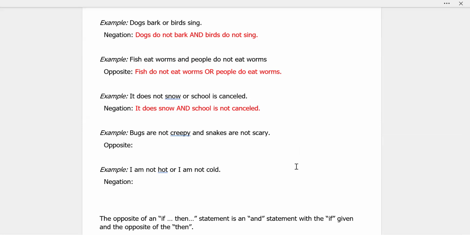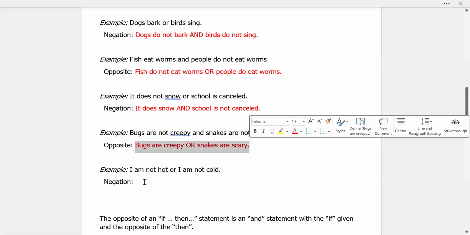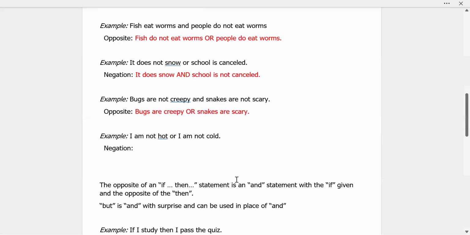Bugs are not creepy and snakes are not scary. So the opposite of bugs are not creepy is bugs are creepy. And has to change to an or. The opposite of snakes are not scary is snakes are scary. The opposite of that and is an or sentence.